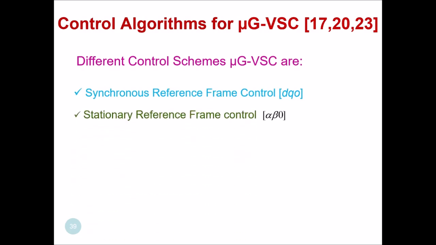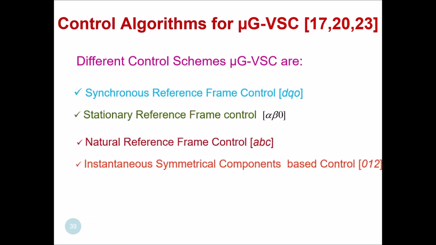Now we will come to another important aspect, and that is about the control algorithms for converters, particularly for microgrid voltage source converter. In the grid operation in connection with the microgrid, these are important issues, that how to generate the reference quantity for the inverter or the source converter, voltage source converter. So for that, different theories are used. Okay, the most fundamental of them are synchronous reference frame theory, we call it DQ0.